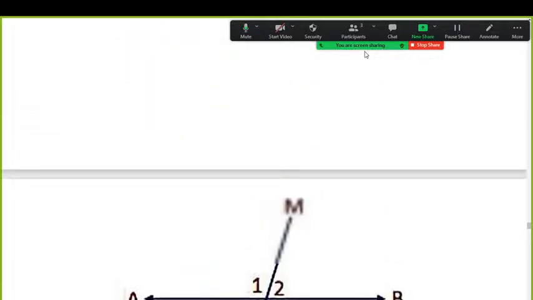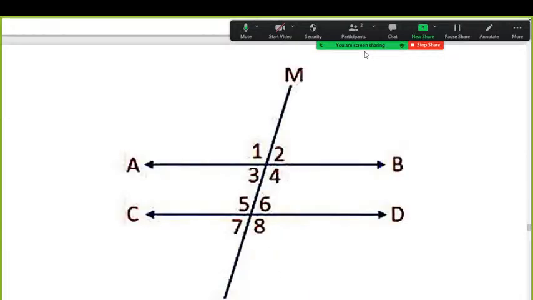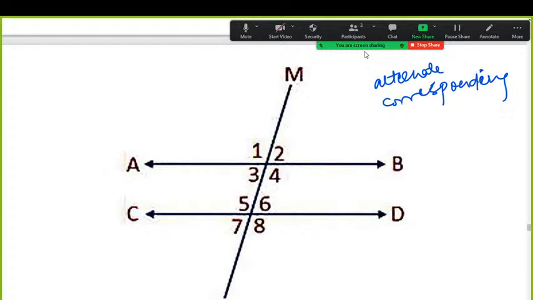When we consider parallel lines, we get some angles that I have already explained in the previous class. We actually get alternate angles. We also get corresponding angles. We also get interior angles, and we also get vertically opposite angles.